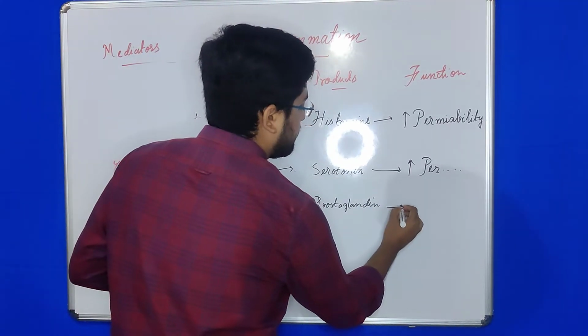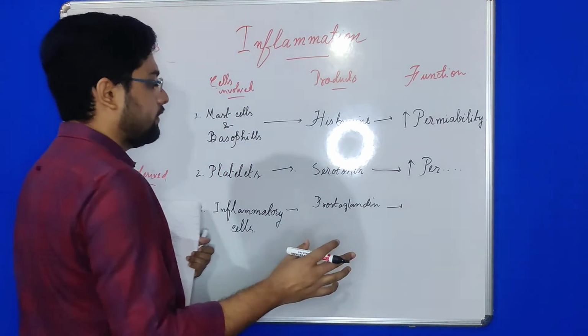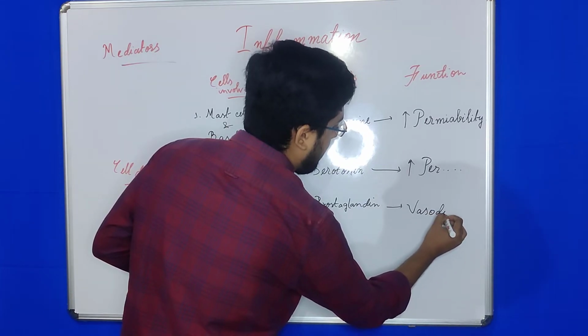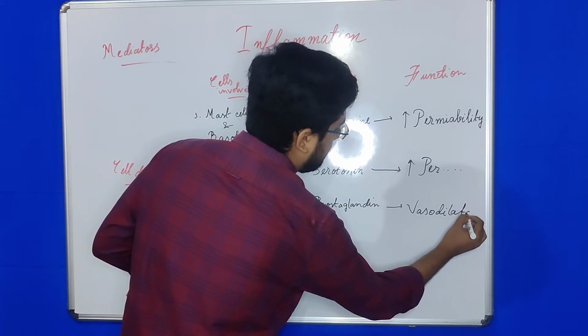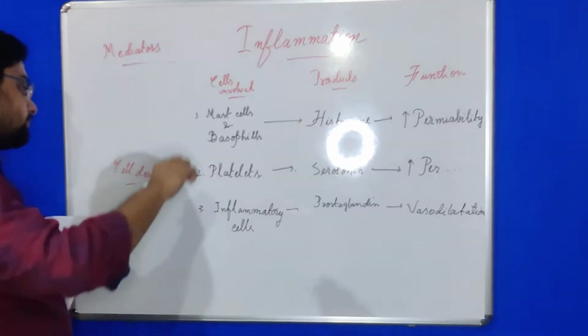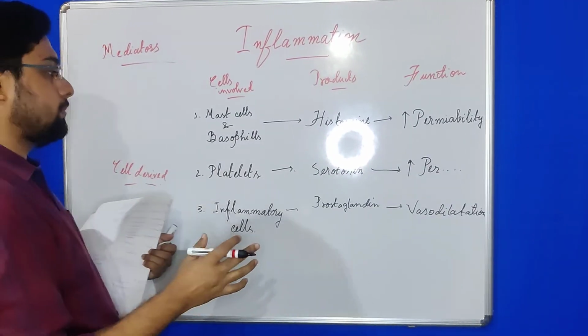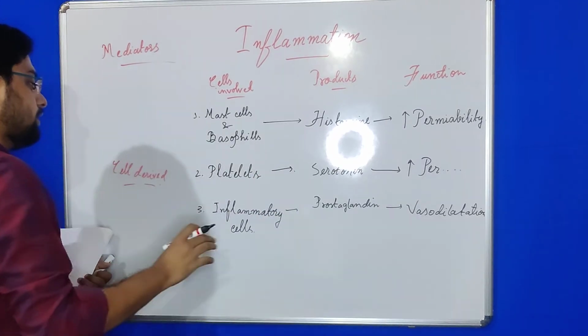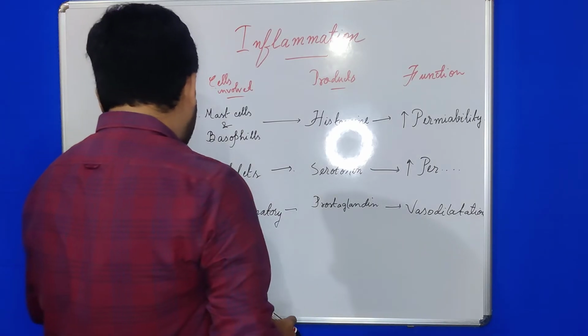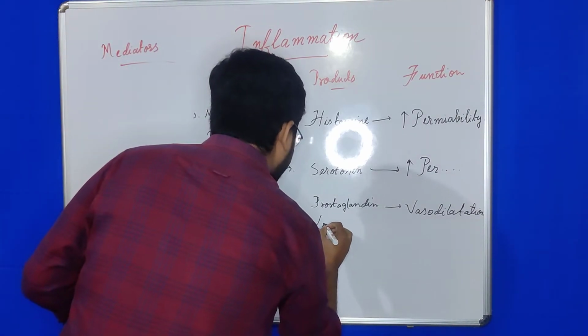Prostaglandin causes vasodilatation, so that more blood can come to the site of inflammation. Next is leukotrienes.